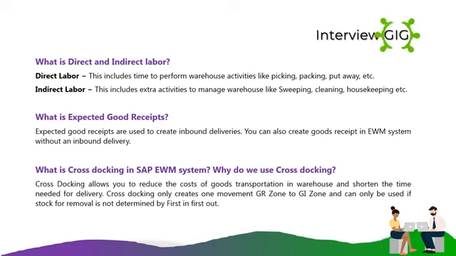What is cross-docking in SAP EWM system? Why do we use cross-docking? Cross-docking allows you to reduce the costs of goods transportation and warehouse and shorten the time needed for delivery. Cross-docking only creates one movement, GR zone to GI zone, and can only be used if stock for removal is not determined by first in first out.